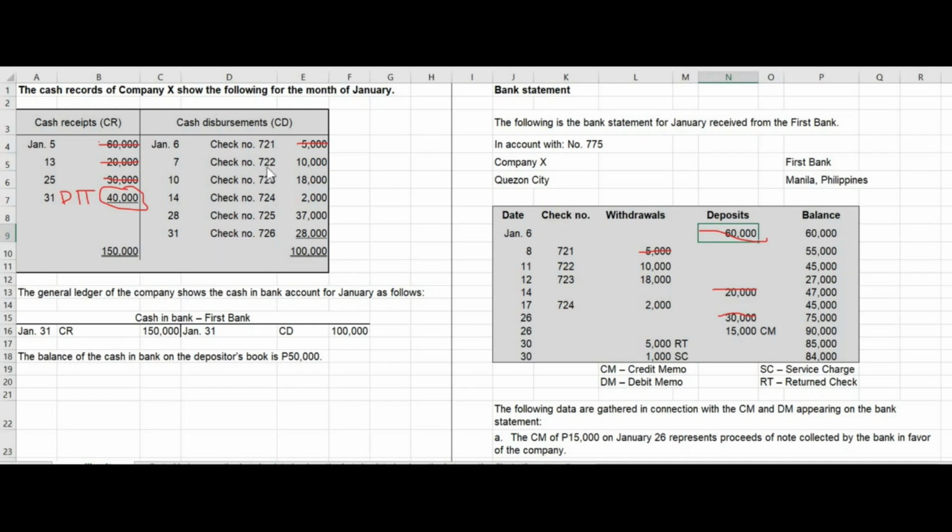Another is yung 722 na cheque amounting 10,000. So, that is also reconciled na. Cross out lang natin. Then, nung January 10, nag-issue siya ng check number 723. So, it was already presented for payment sa bank nung January 12. So, this is already reconciled.